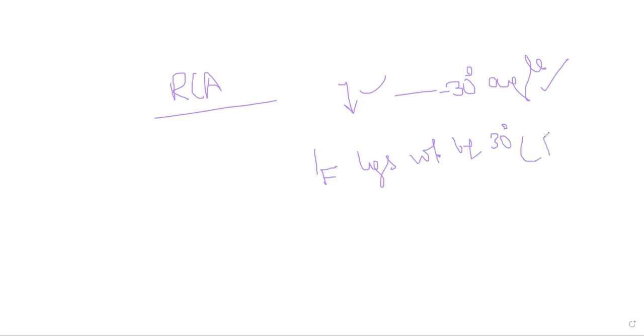So it's nothing but the maximum torque angle. The fault current lagging the voltage by 30 degrees is nothing but the maximum torque angle. Now the relay characteristic angle is 90. See, relay characteristic angle 90 degrees minus 30 degrees will give you 60 degrees. This is the characteristic angle.